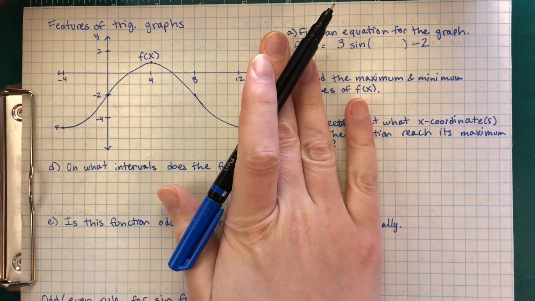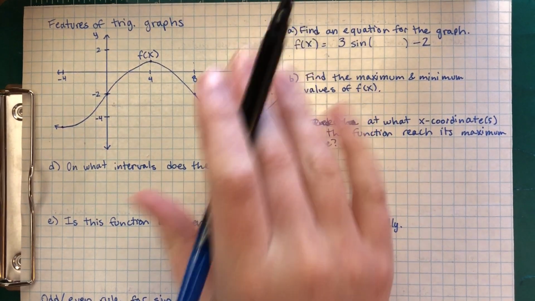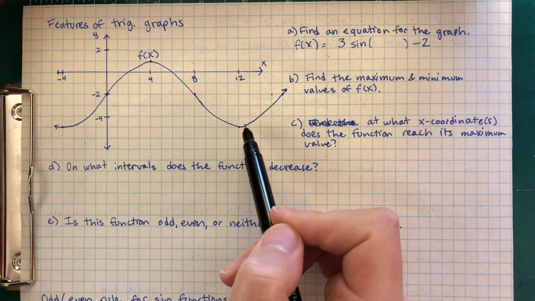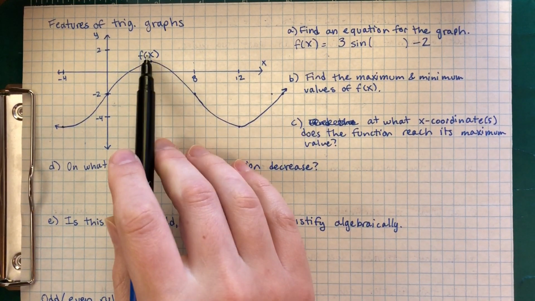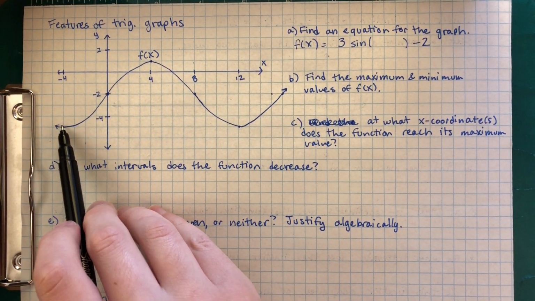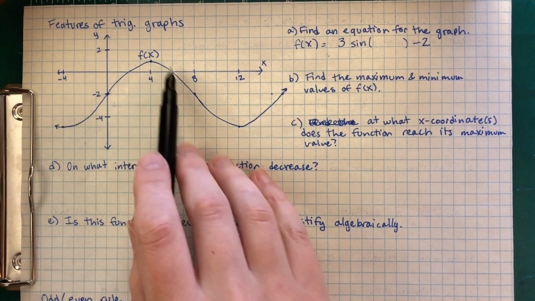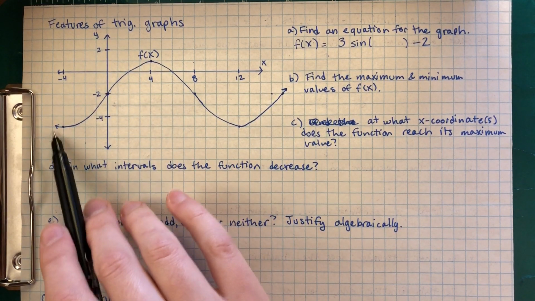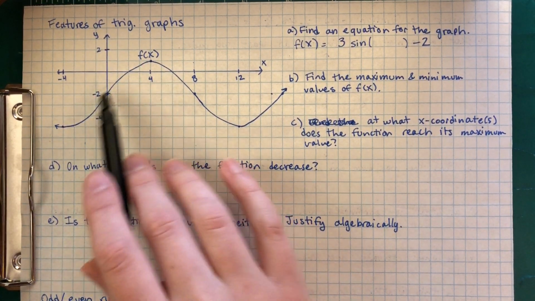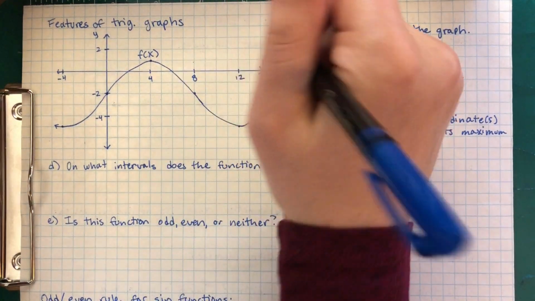But if that was off the end of the graph and I couldn't really see it, then another way to recognize one cycle is it's from a minimum to a minimum, or if there was a second maximum, from a maximum to a maximum. So from -4 to 12 is one full cycle, which means that the width of the cycle, which we call the period, is 16.